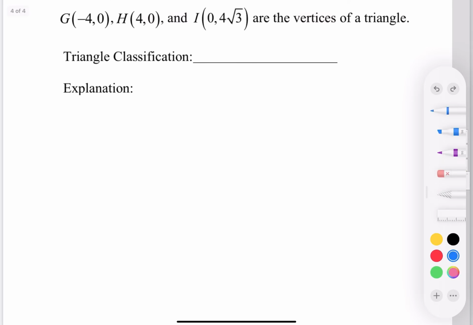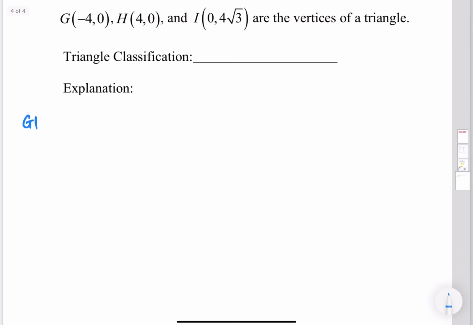Okay, so GH is going to be my first side, and that first side will have the ordered pairs of -4, 0, and 4, 0. So G is -4, 0, H is 4, 0. And we're just going to plug it into our distance formula. Remember, this is my x1 and my y1, this is my x2 and my y2.